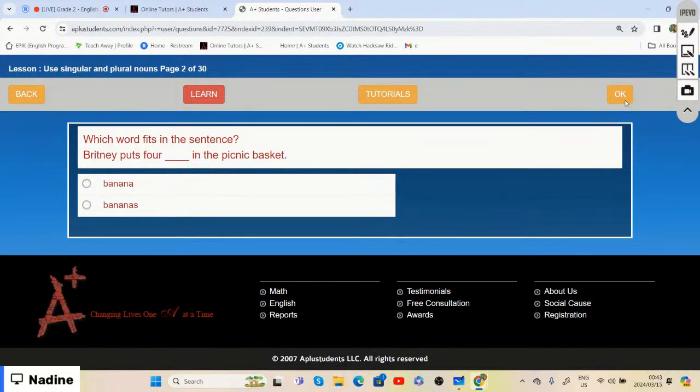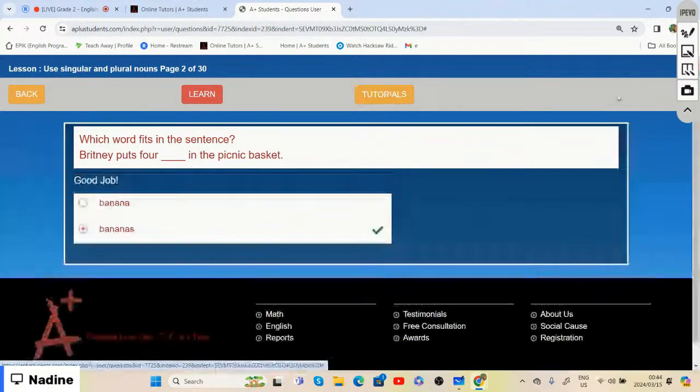All right, so if we refer to more than one example, right, banana, then we can say Brittany puts four bananas in the picnic basket. So we say bananas because it refers to more than one banana. It's plural form.